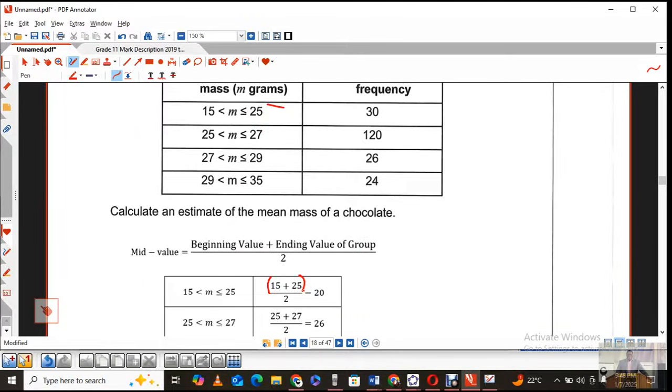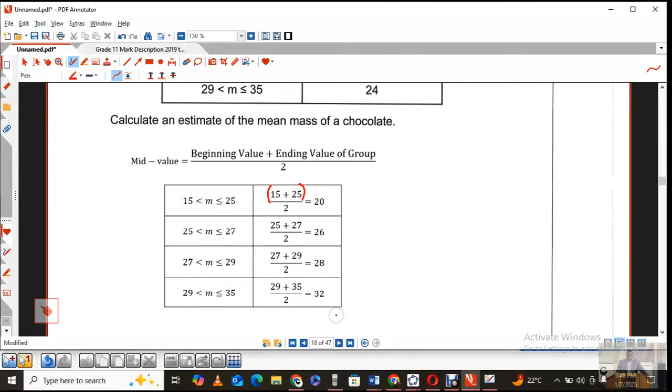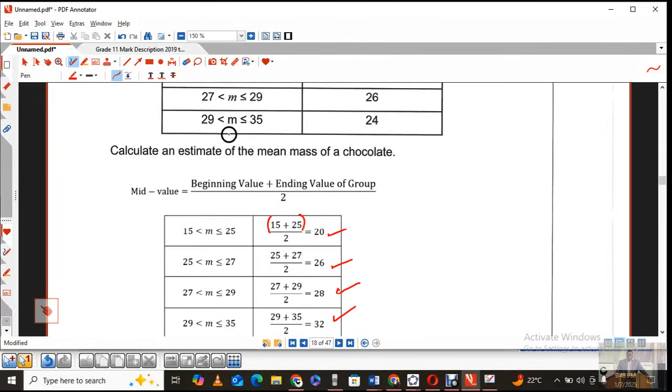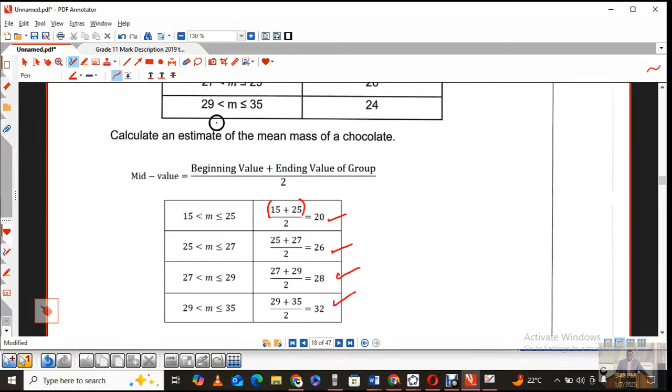So what these 20 and 26 and 28 and 32 are representing are the middle values. They are mid values of things between, say, 29 and 35, the mid is 32. So that's the mid value that we are referring to.